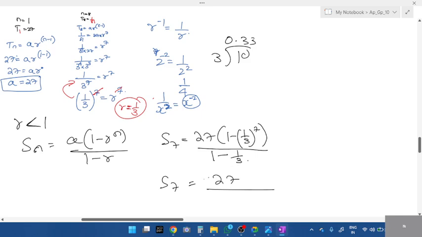Convert the denominator. Take LCM, students. 1 minus 1 by 3 is 2 by 3.